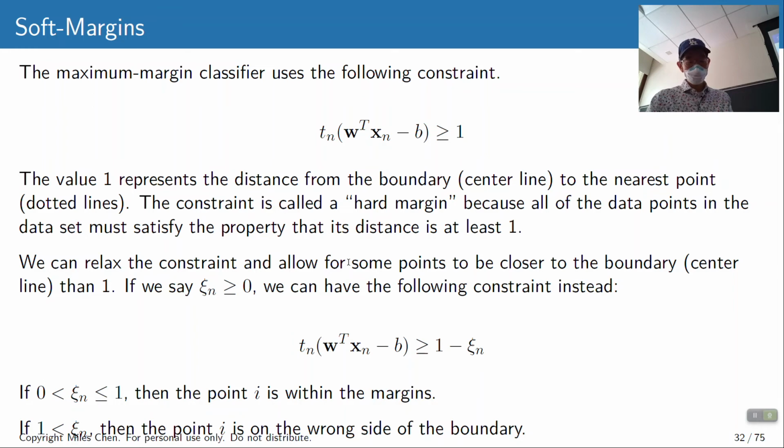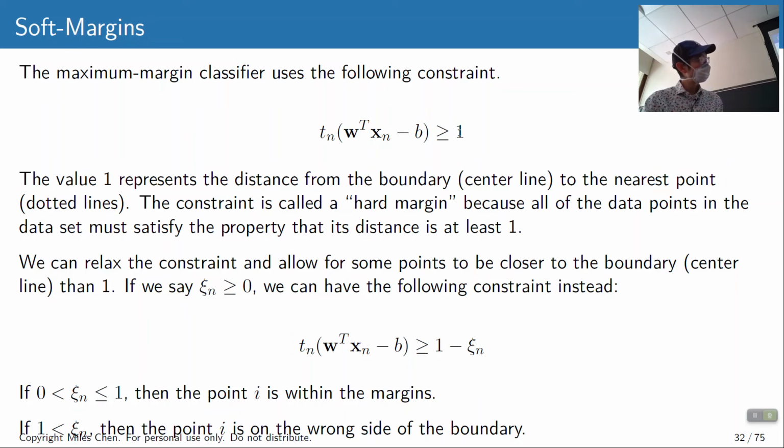And so what we can do is ease up our restrictions by using what's called a soft margin, okay? When we did the maximum margin classifier, this was the constraint. We said everything has to be on the correct side of the boundary, and everything had to be farther away.